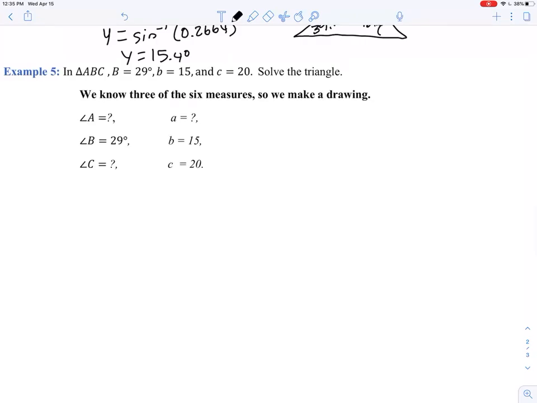In triangle ABC, we have angle B is 29 degrees, side B is 15, and side C is 20. So again, we have a side angle situation. I like to draw the picture. So here's angle B, and side C is about 20 units long. I'm going to put side C here, so angle A is over here, and side B is 15 units long.